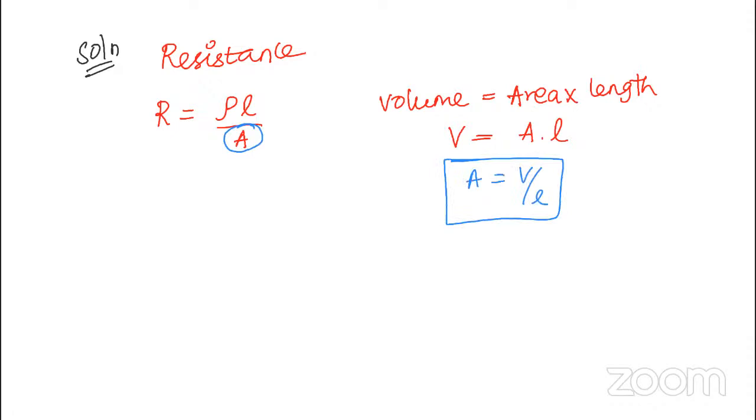So அப்ப A is equal to V by L. So from that, okay, so அத கொண்டு வந்து we have to substitute it here. So அப்ப என்ன வரும், rho into L divided by V by L. Okay, that is nothing but R. So here R is equal to rho into, here we can go above, that is L square divided by V. Okay, right?